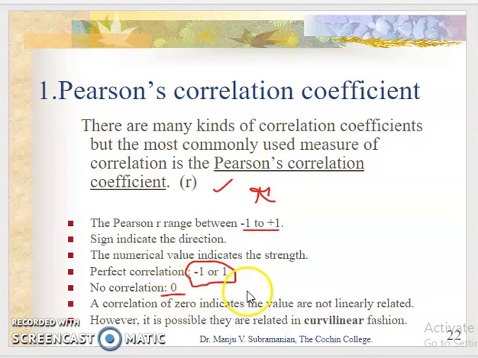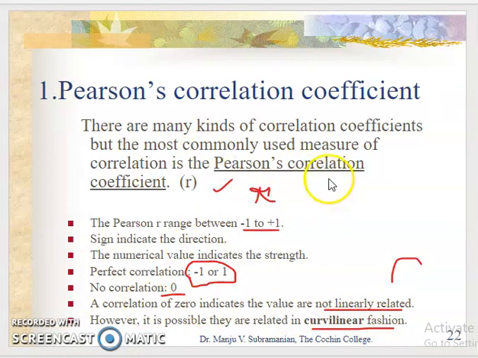A correlation of 0 indicates the variables are not linearly related, and it is possible that they are related in a curvilinear fashion. Curvilinear is somewhat curve-like.